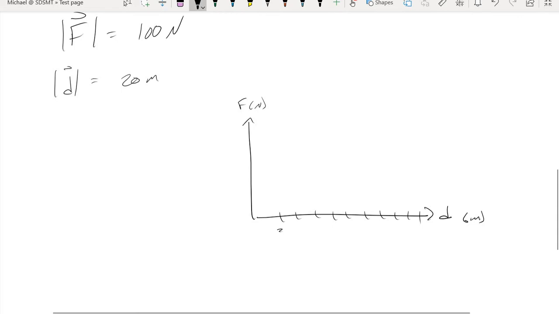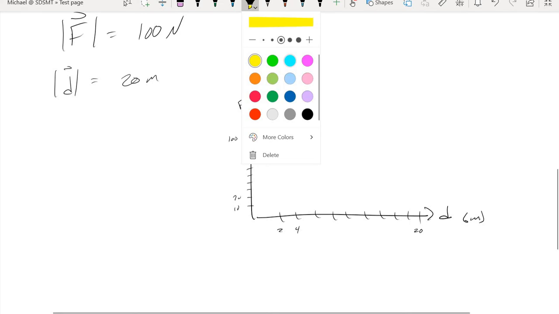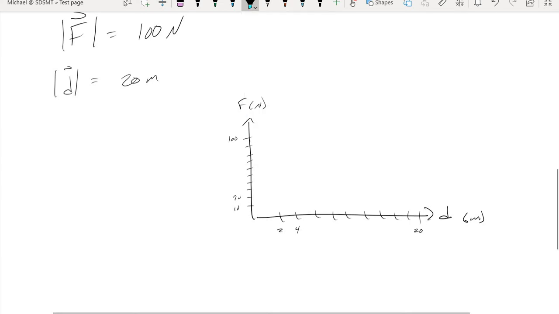So every one of these little tick marks will be 2 meters at a time, and then we'll have 10, 20, 30, all the way up to 100 newtons. This isn't going to be a very impressive graph because our force is constant. All we get is a flat line for that constant force.